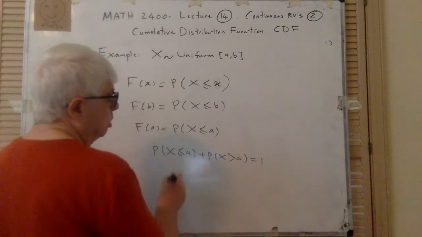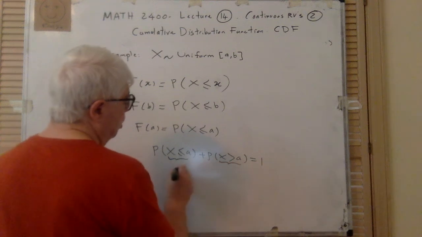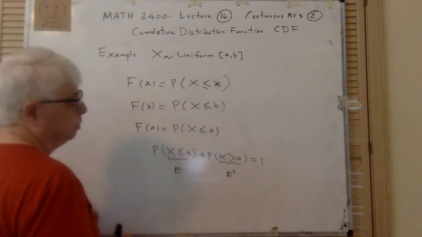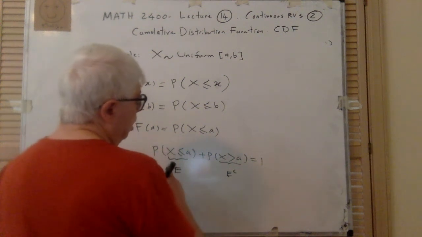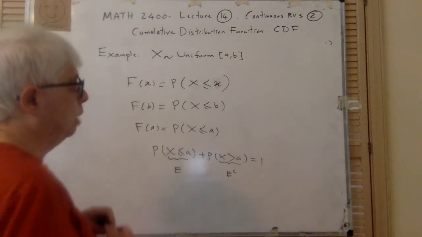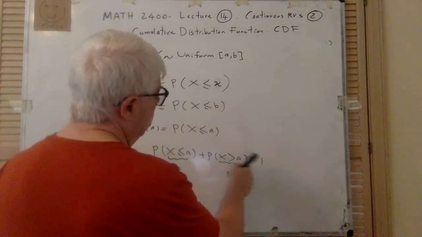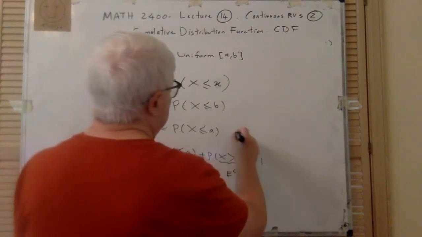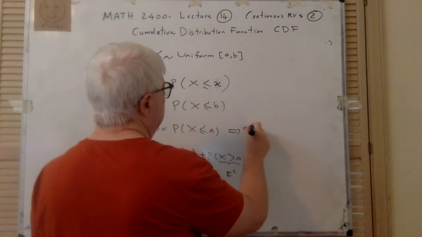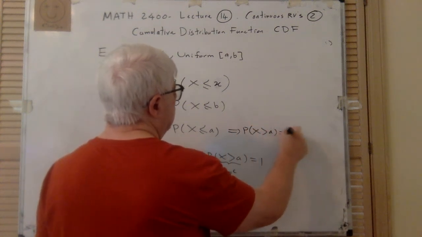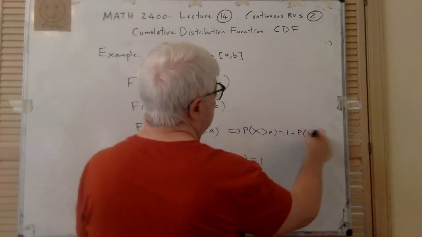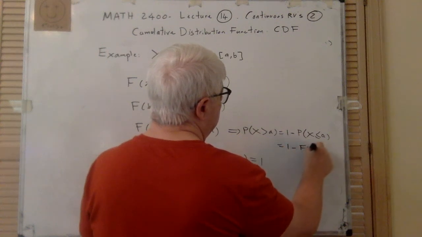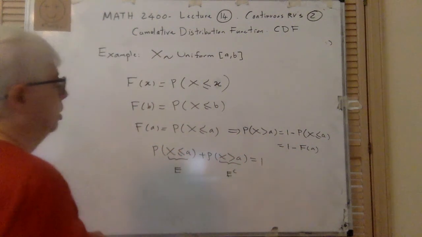These two are complement events. This is event E, and this is the complement of event E. And remember, the probability of complements, when you add them, you will get 1. So from this thing, I will get this formula, let's write it here: P(X > a) is 1 minus P(X ≤ a). So that is 1 minus F(a). Okay?